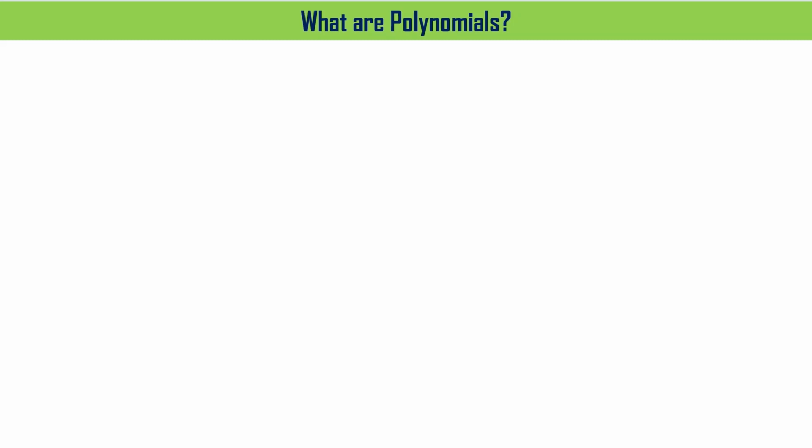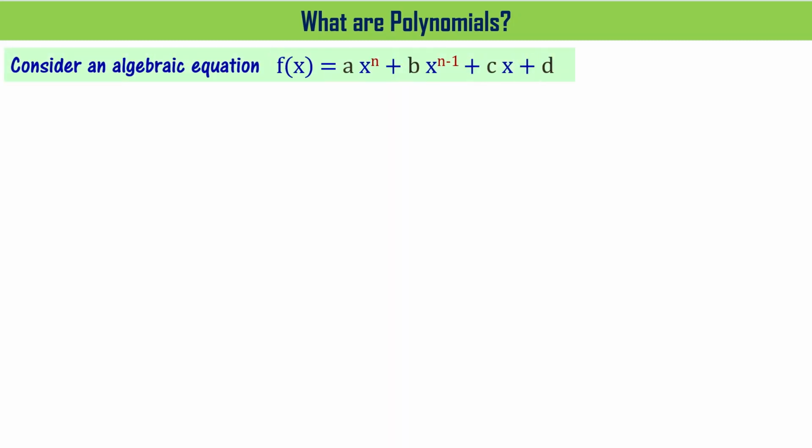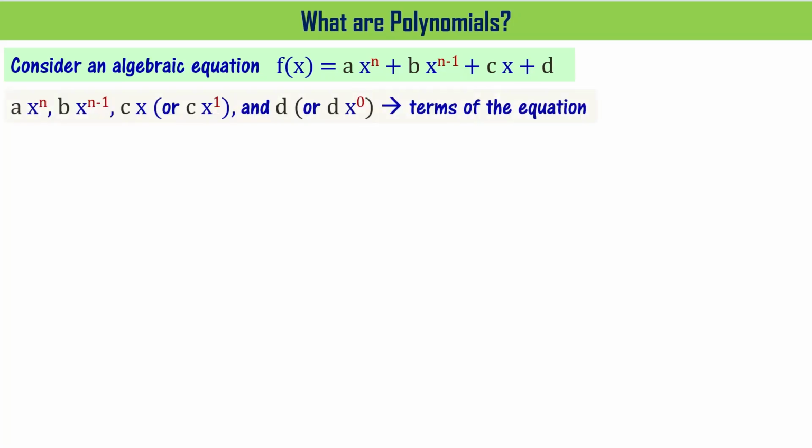What are polynomials? Let us consider an algebraic equation, that is f of x equal to ax to the power of n plus bx to the power of n minus 1 plus c times x plus d. Ax to the power of n, bx to the power of n minus 1, cx, that can be written also as cx to the power of 1, and d, that can be written as dx to the power of 0, are called terms of the equation.